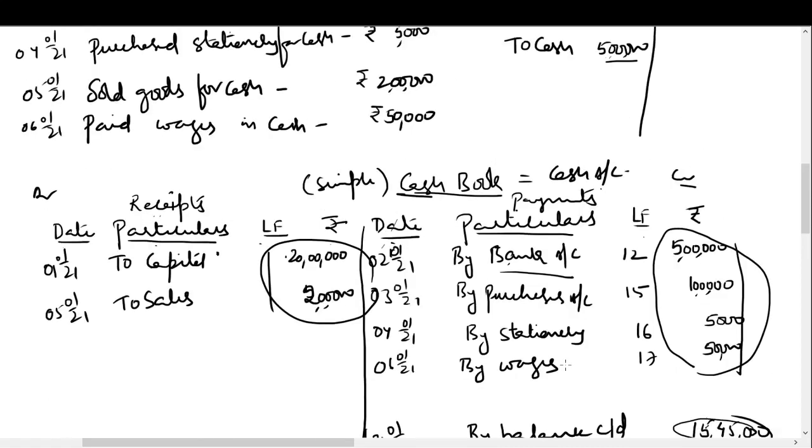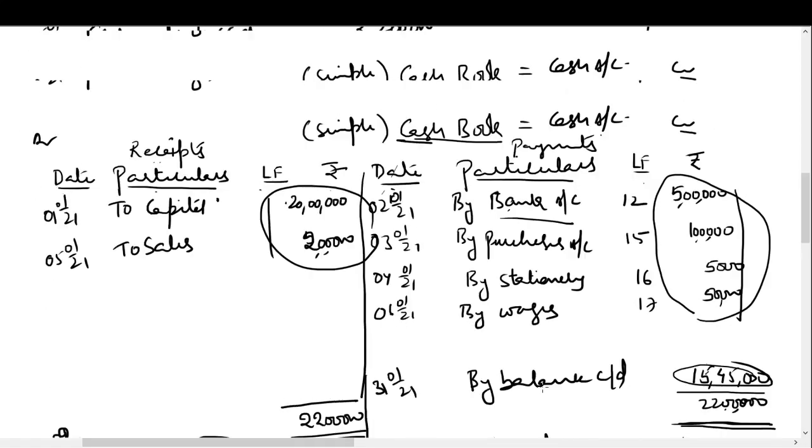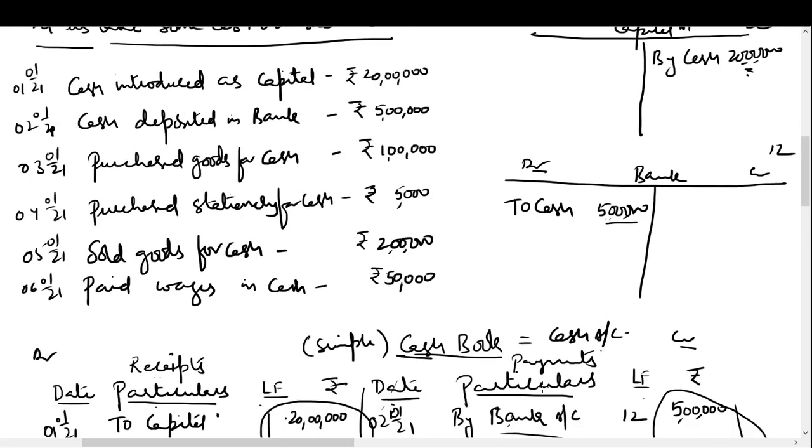Now when we prepare a simple cash book, there will be no journal entries which we will be recording in the cash book. Like for this transaction, cash introduced as capital, we normally write an entry cash to capital. This entry is not going to be recorded anymore because the same thing is being recorded in the cash book, but in a very simpler manner.